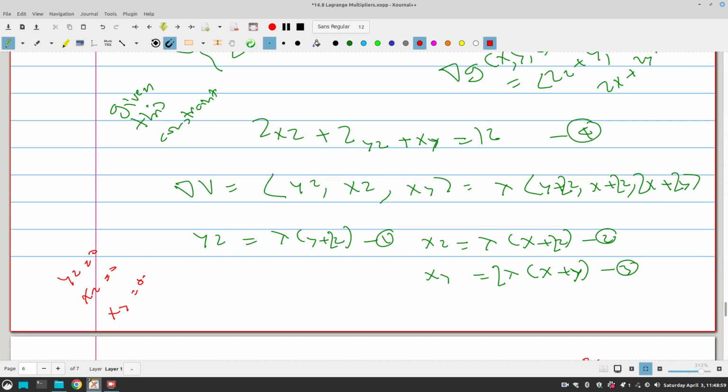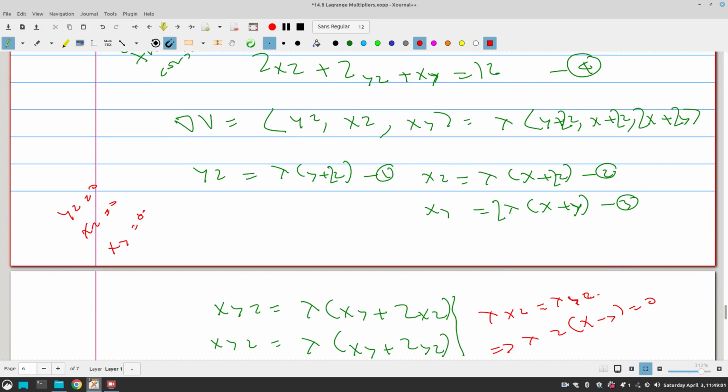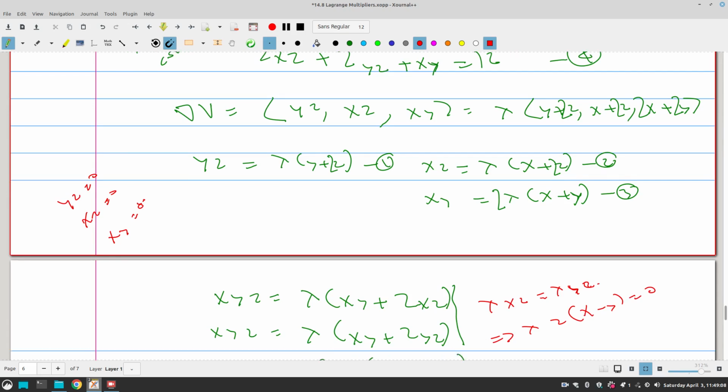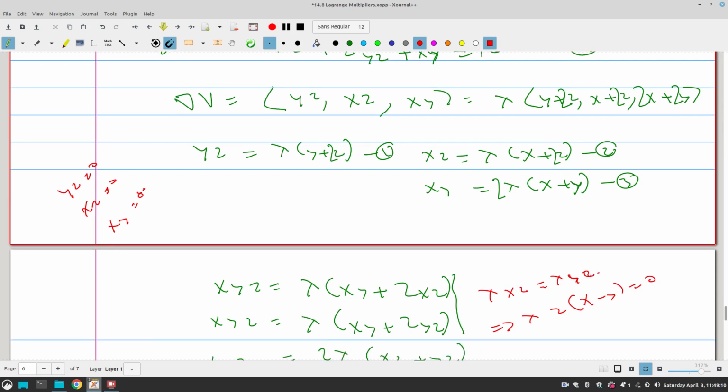That would force x, y, and z to equal 0, and the dimensions of the box would all be equal to 0, and that wouldn't make any sense, right? And of course z is not equal to 0, lambda is not equal to 0, so we know that x equals y.